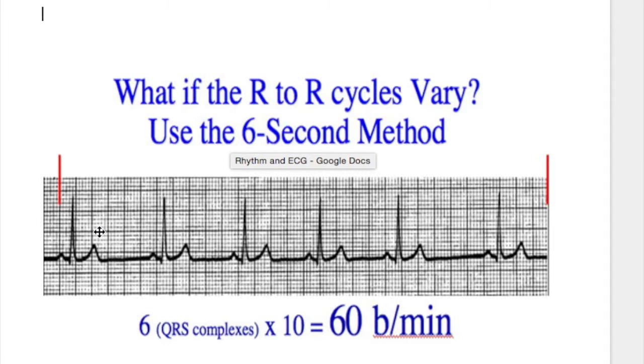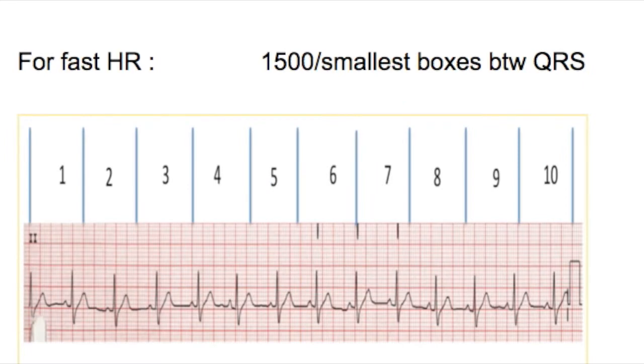And in this strip, we have 1, 2, 3, 4, 5, 6 R's. So 10 times 6, the heart rate is 60 beats per minute. Another method to calculate the fast heart rate is to divide 1500 by the number of smallest boxes between the QRS. That will give you a fast heart rate.